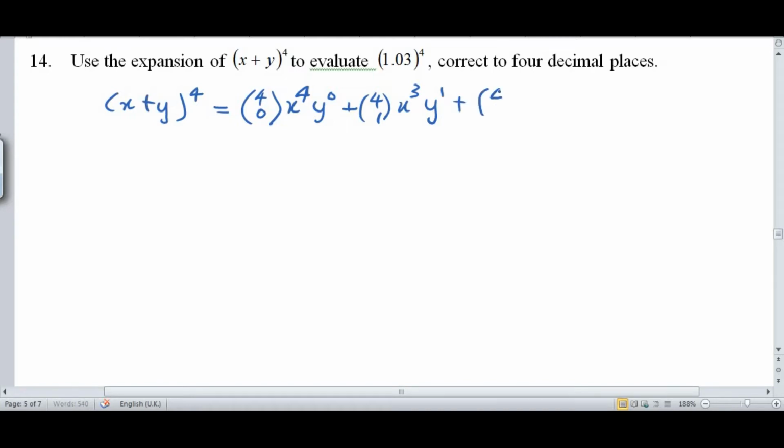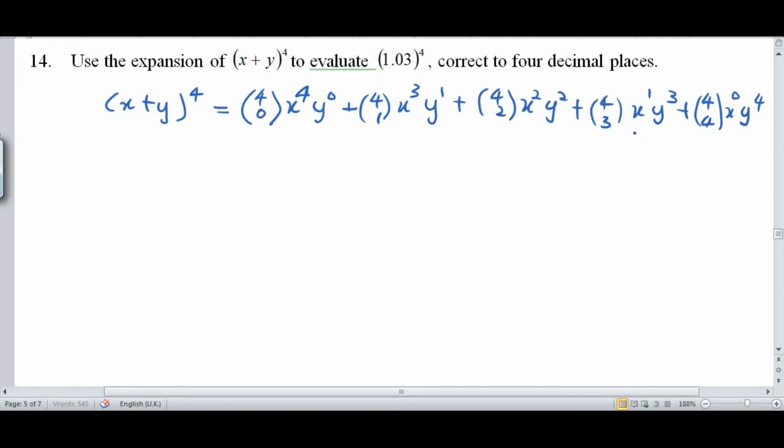So 4C2 x^2 y^2, and then plus 4C3 x^1 y^3, and the last term will be 4C4 x^0 y^4.